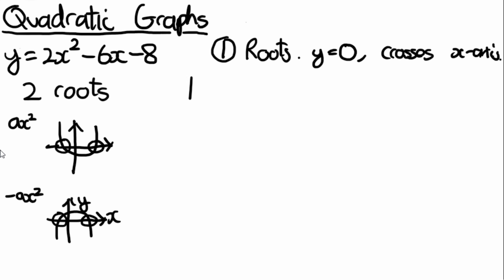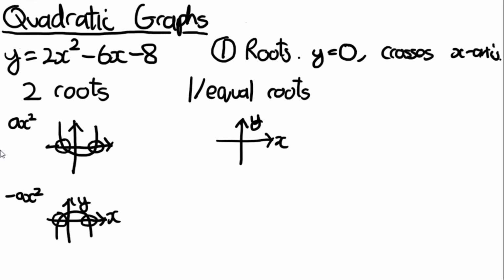There could be one root, or this is quite commonly called equal roots. Then it will look like this, where it will touch the x-axis, but it won't cross it, it will just touch it, and there will be a root there.